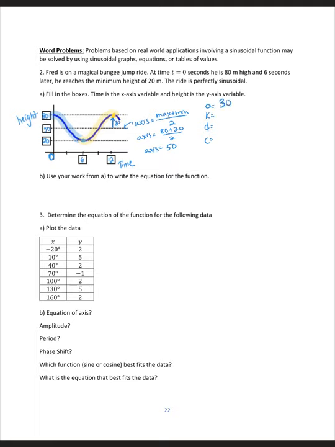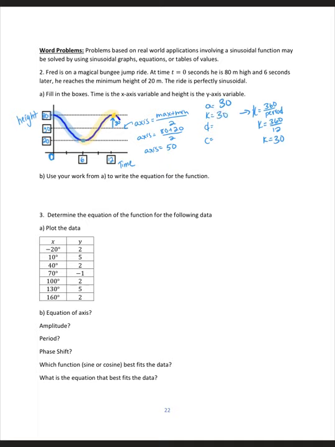Our K value is found by identifying our period. We take 360 and divide it by our period. Our period in this case, to go from maximum back up to maximum, is 12 seconds. So our K value is 360 divided by 12, which is 30.